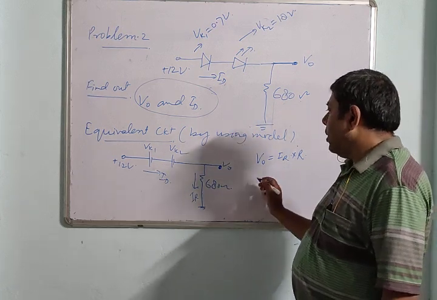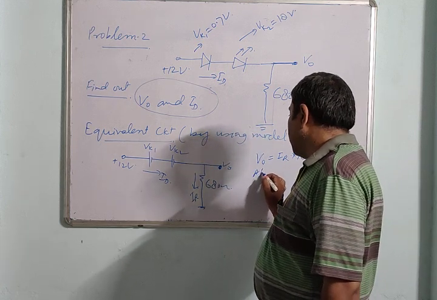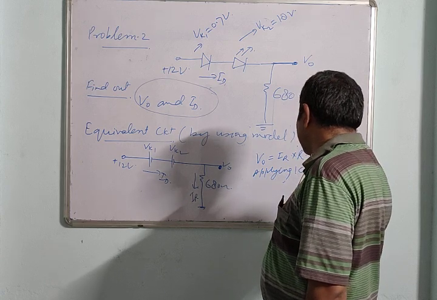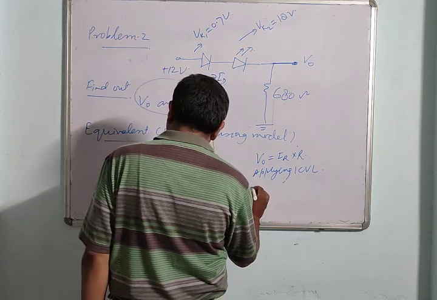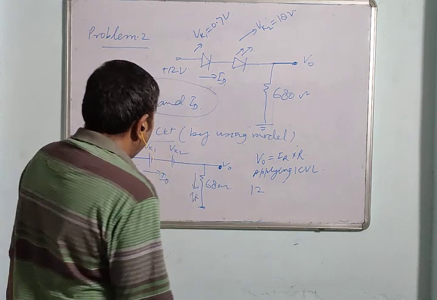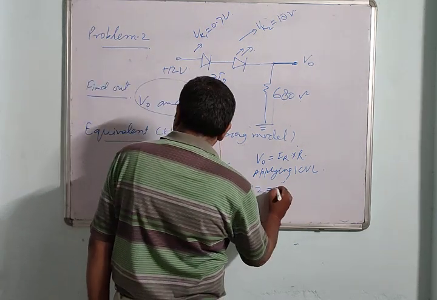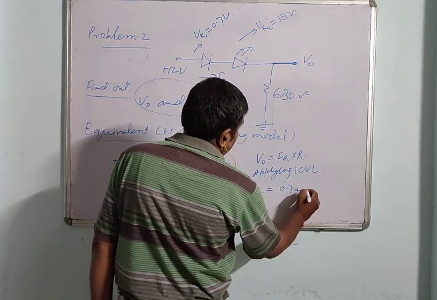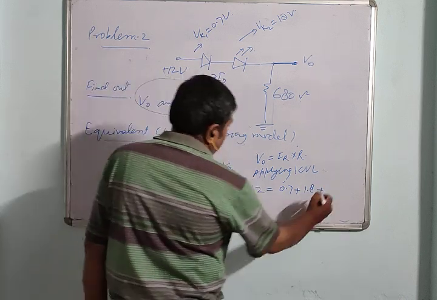So this is one thing. Another thing is you can apply KVL. Applying KVL, you can write here 12 equals 0.7 plus 1.8 plus V0.